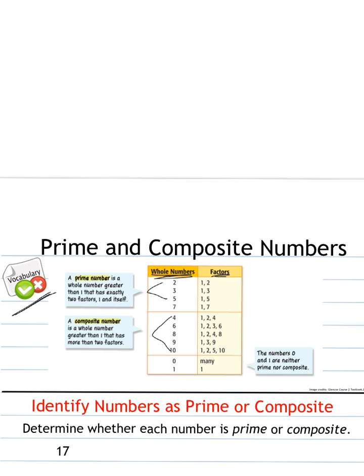Now, the numbers 0 and 1 are neither prime nor composite. 0 has many factors because you can take 0 times any number and you are going to get 0 back. So it has a lot of factors. And 1 is neither prime nor composite because its only factor is 1.